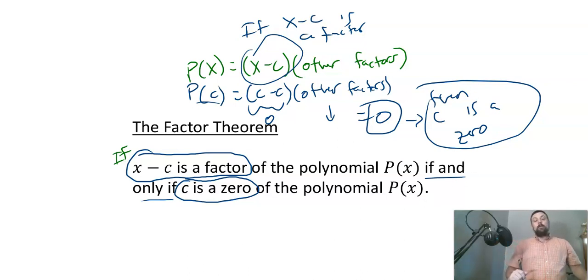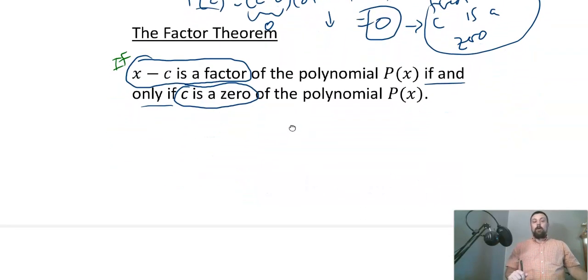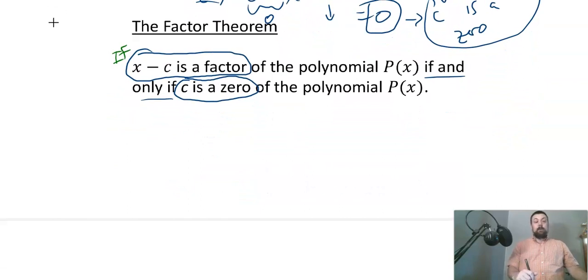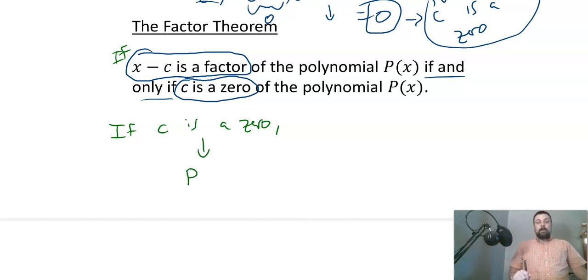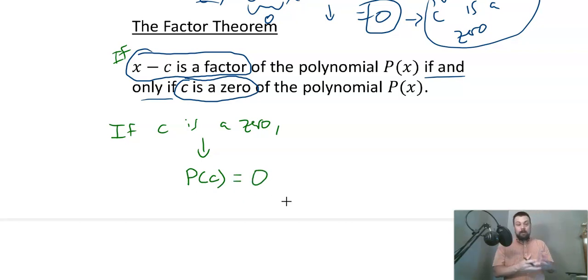The other direction is a little more difficult to prove, and I think that's the one I normally focus on. If c is a 0, let's start with that assumption. The reason I like to do this one is because it utilizes the remainder theorem that we just talked about. If c is a 0, what does that tell me? That tells me that if I plug c into the polynomial, the answer I would get is 0. That's the definition.